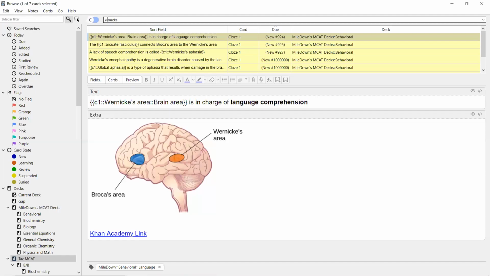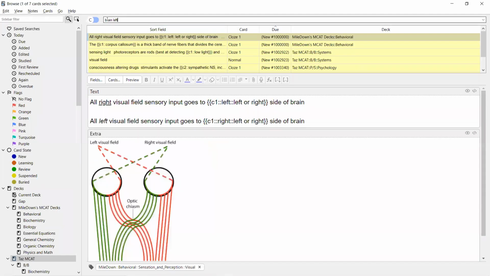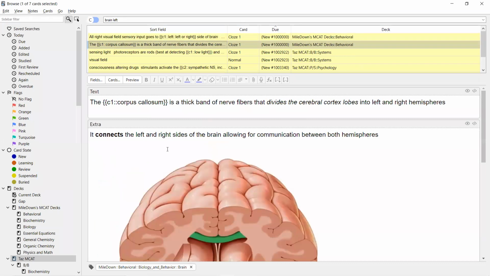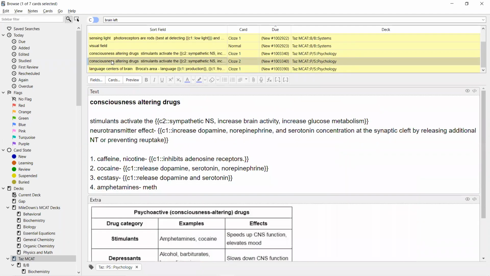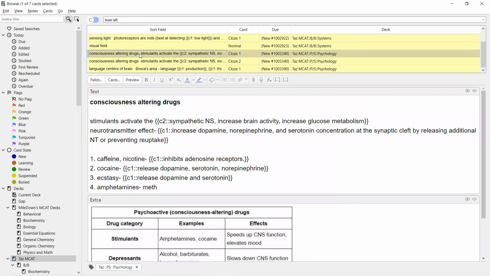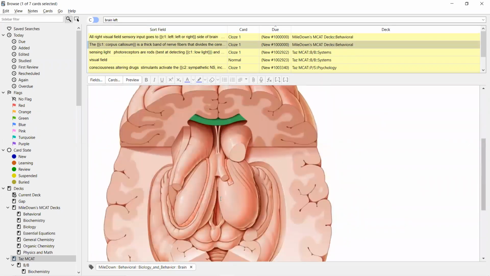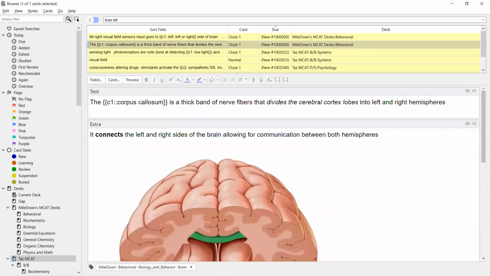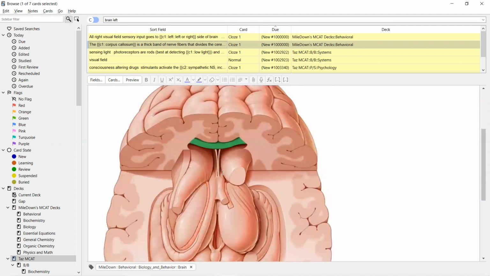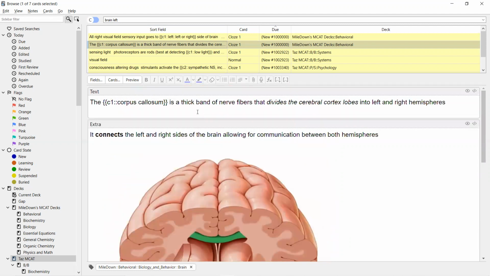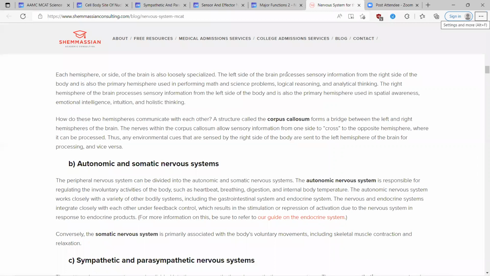So what that means is, if you are lifting your right hand, the left side of your brain is doing that. And the reason is because we have something called the corpus callosum that divides the brain into left and right. And the left side of the brain processes sensory information on the right side.